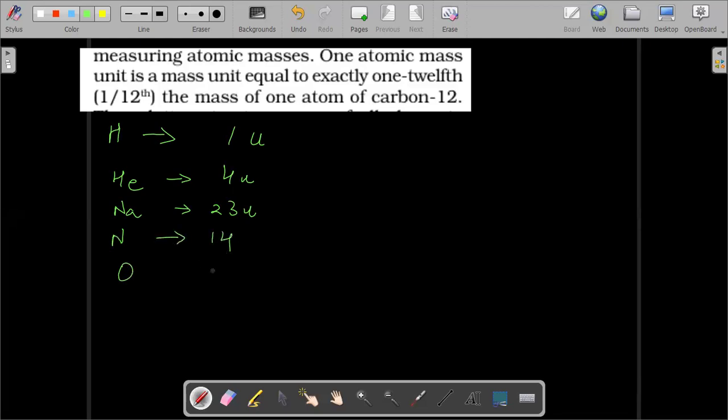For oxygen, the atomic mass is 16. Fluorine, the atomic mass is 19. For chlorine, the atomic mass is 35.